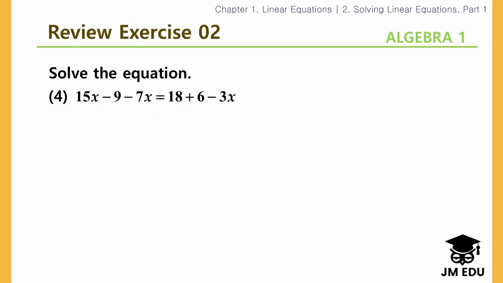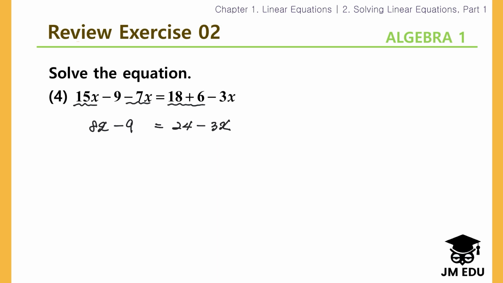Okay, number 4. We have 2 x terms on the left hand side and 2 constants on the right hand side. So let's simplify this first. So on the left hand side, 15x minus 7x, 15 minus 7 is 8. So we have 8x minus 9 is equal to 18 plus 6, that's 24 minus 3x.